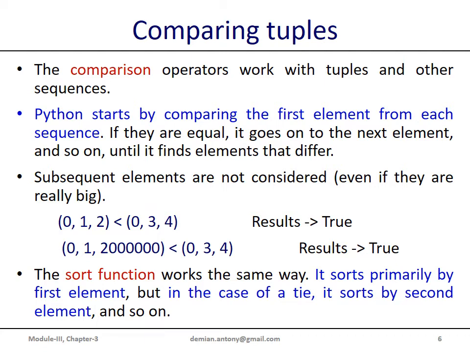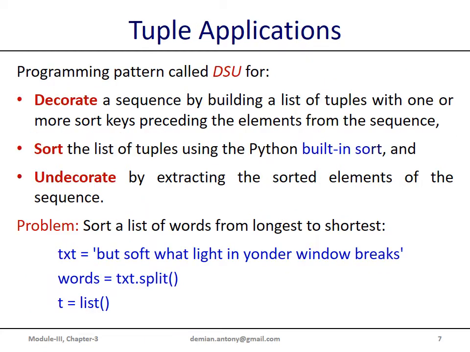Since the comparison operator works on tuples, the concept of comparing tuples is used to sort composite data items by creating a tuple with the preceding values of the composite data, then sorting the elements based on the tuple comparison, and then removing the tuples and extracting the ordered composite data items.